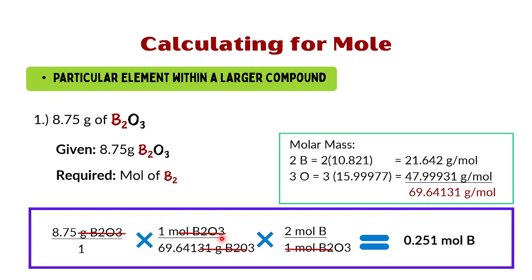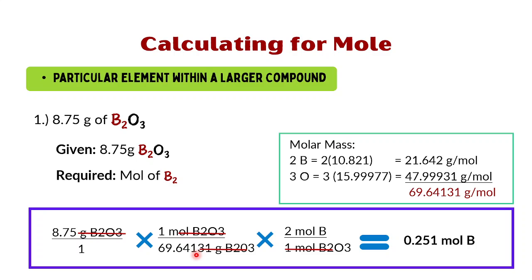Then our numerator is the mole. So we no longer write 69.64131 grams per mole of B2O3, because the mole we put on top in the numerator. So in other words, for every 1 mole of B2O3, there are 69.64131 grams of B2O3. That is their ratio.